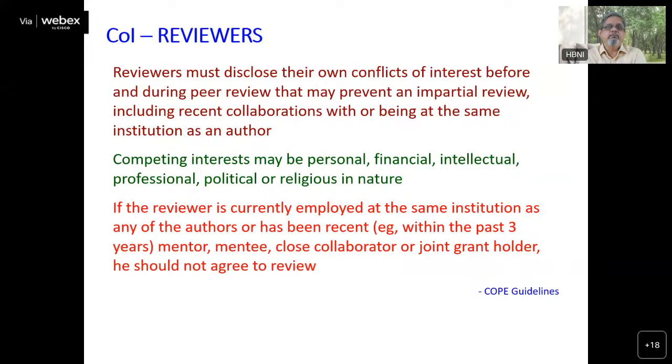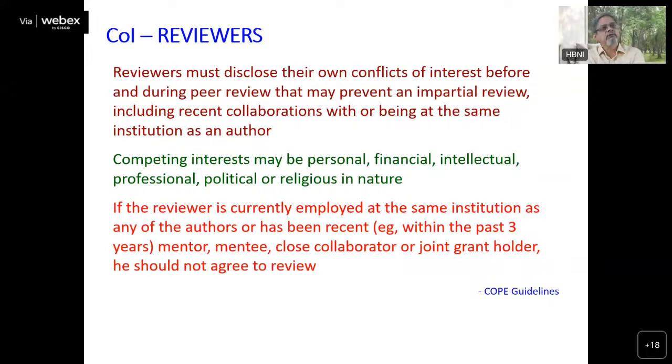Then again, these competing interests for the reviewers could be personal, financial, intellectual, professional, political, or sometimes even religious in nature. For example, if a reviewer is currently employed at the same institution as any of the authors of the submitted manuscript, or has been the PhD supervisor of the submitting author, or is a very close collaborator, or holds grants together with the author, as a co-PI, he should recuse himself from reviewing that manuscript.